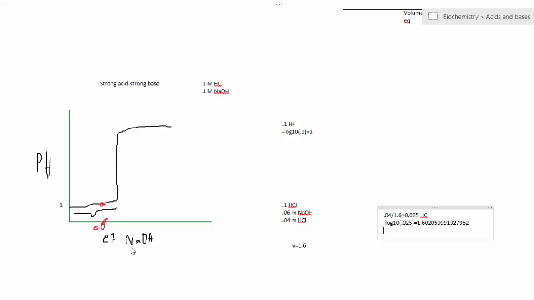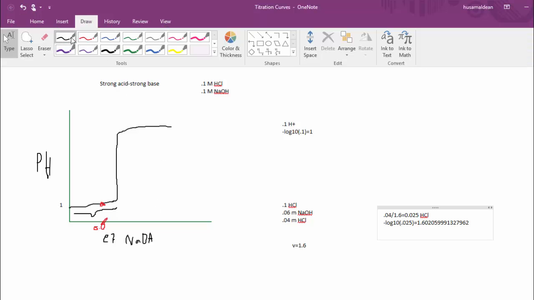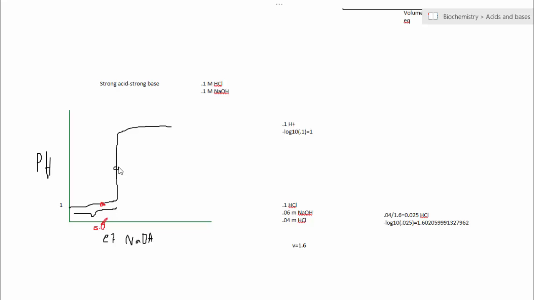The conjugate bases of strong acids are very weak bases that we neglect their basicity, and the same for bases. Now, getting to the equivalence point, this point is called the equivalence point. It is the point at which we add equal moles of NaOH to the solution as the moles of HCl in the solution.